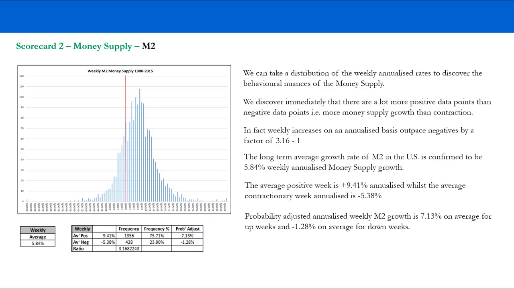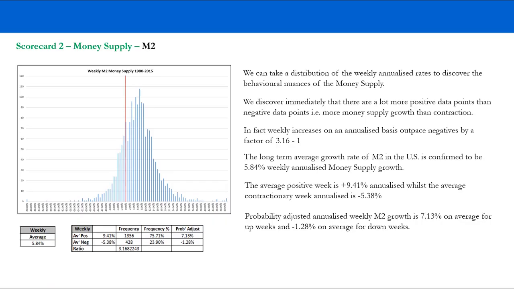And when we look at the average positive week, the average positive week is plus 9.4%. And the average contractionary week annualized is minus 5.38%.